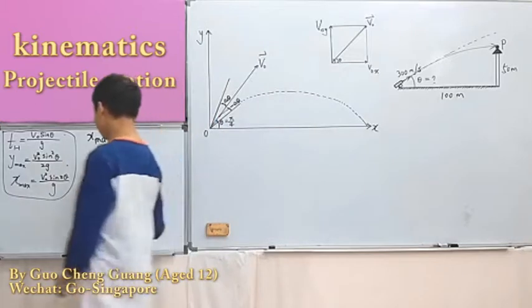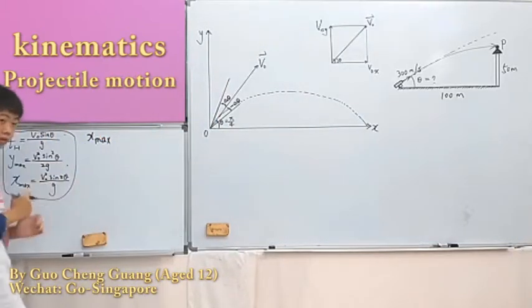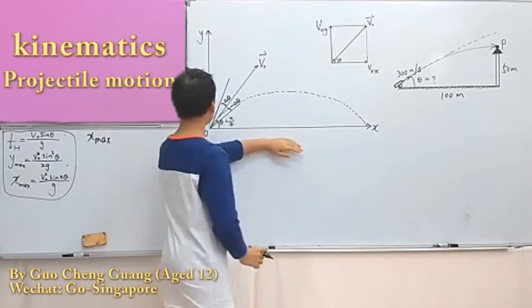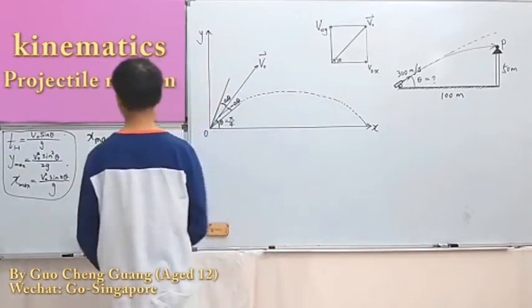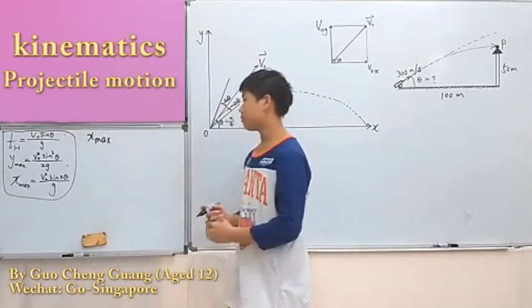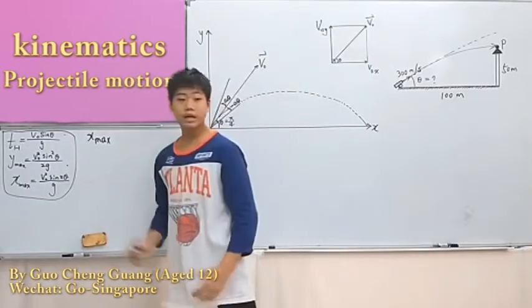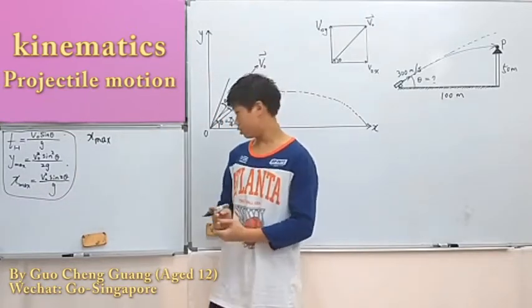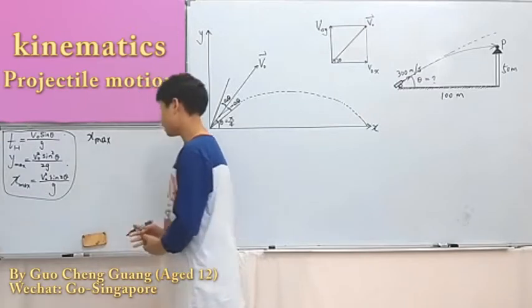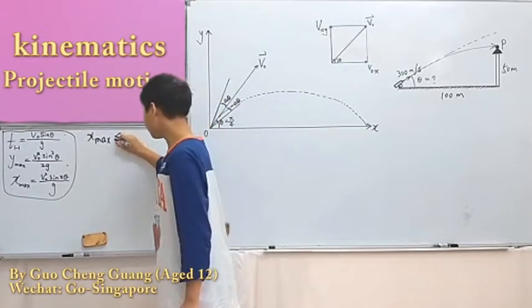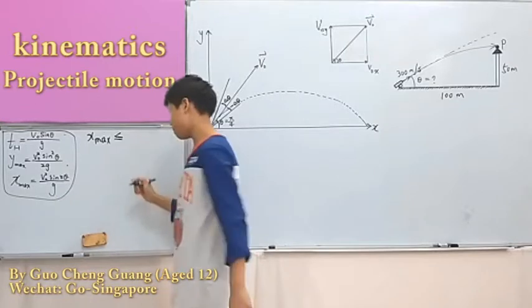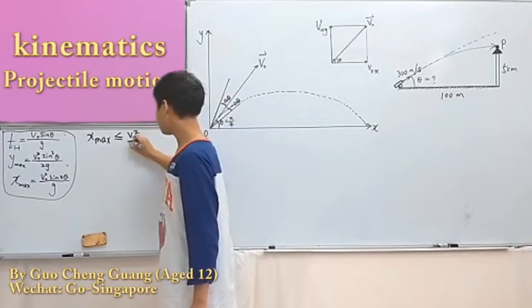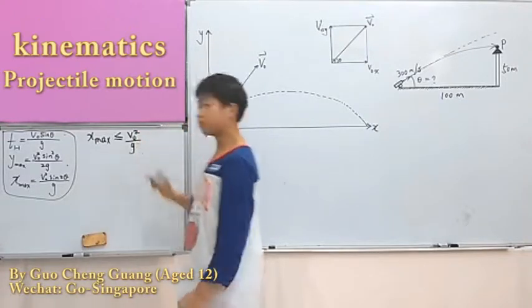I'm just going to show one case here, x maximum, the maximum value of x. How can we get its maximum? Sine theta is only from 0 to 90 degrees, so the maximum of sine is 1, and it ranges from 0 to 1. Let me write this down: the maximum is 1, so x is smaller than or equal to initial velocity squared over g.